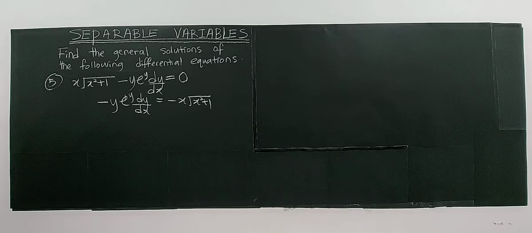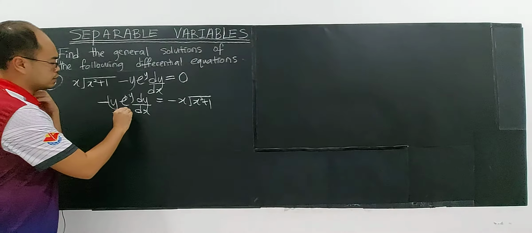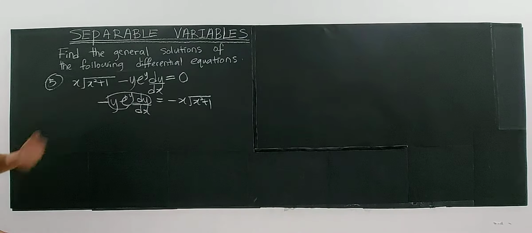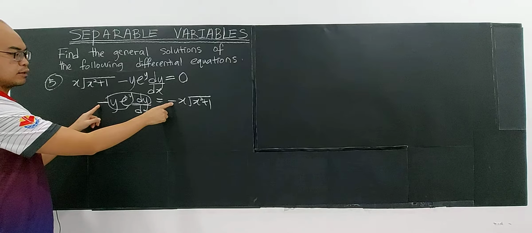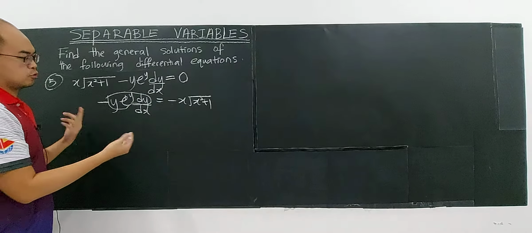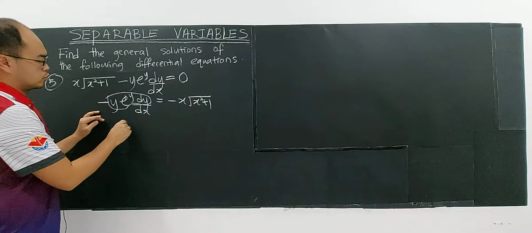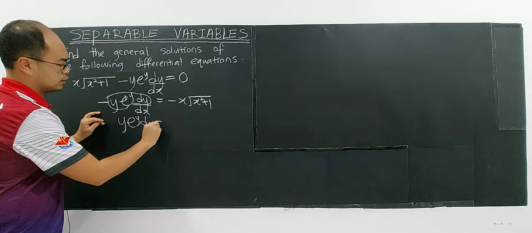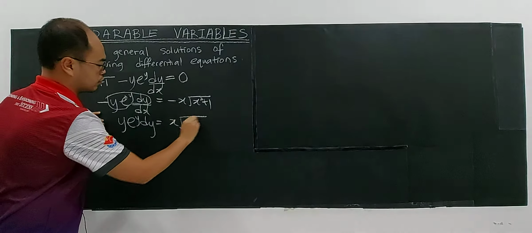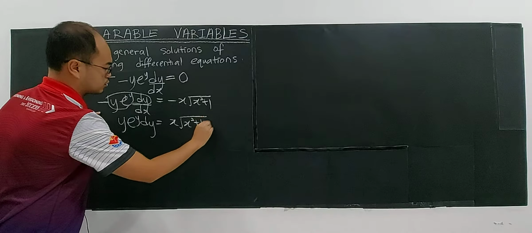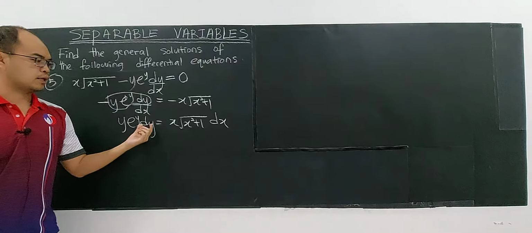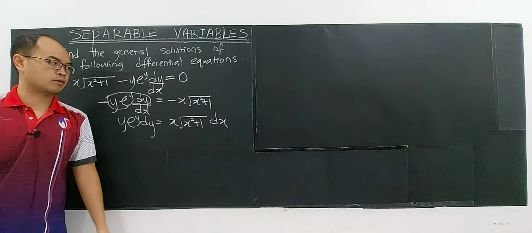Now I try to separate, so e^y dy will stay on the left-hand side, and you can multiply both sides by negative so they have no negative. So we have y e^y dy equals x squared root of x squared plus 1 dx, right?